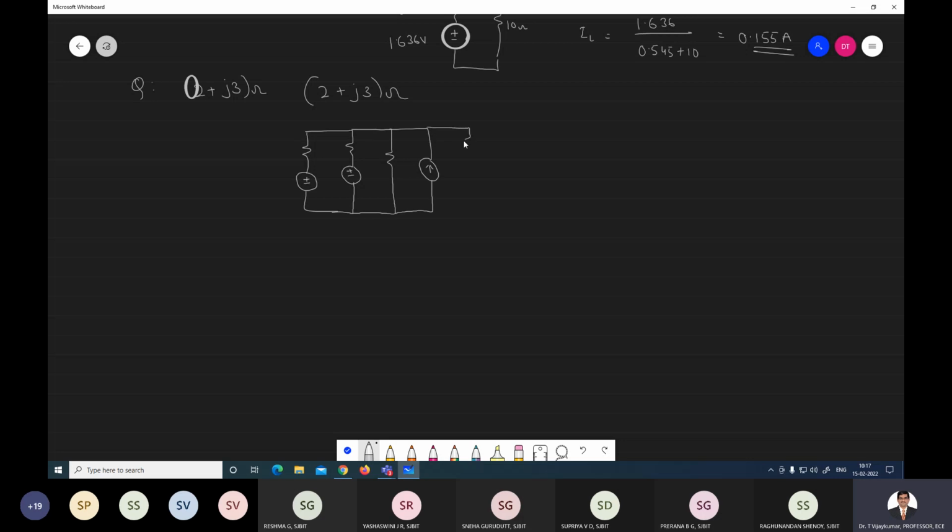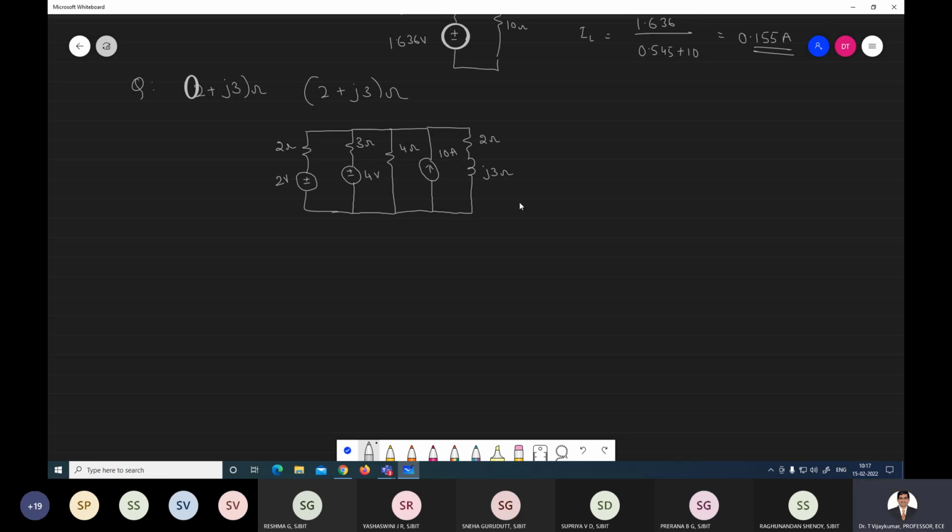Again here there is a resistance and then an inductance. This is 2 ohm and this is 2 volt, this is 3 ohm and this is 4 volt, and this is your 4 ohm. The current is 10 amps, and here it is a 2 ohm and a J3 ohm.